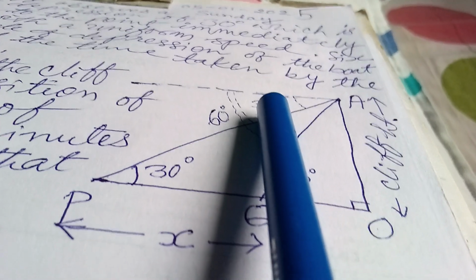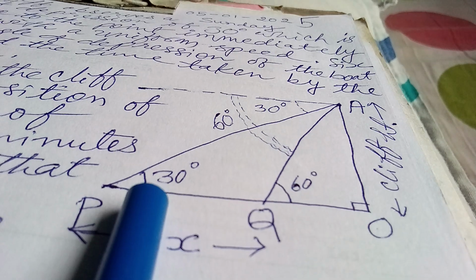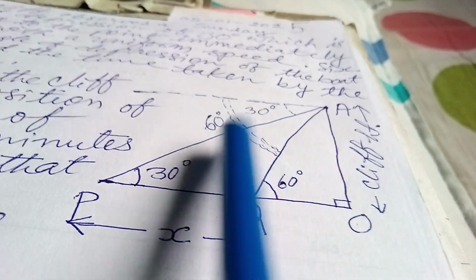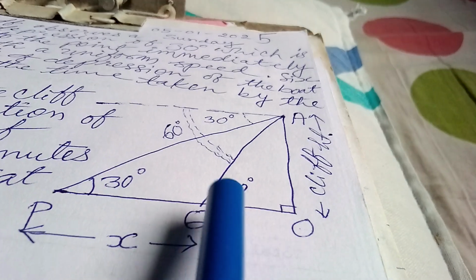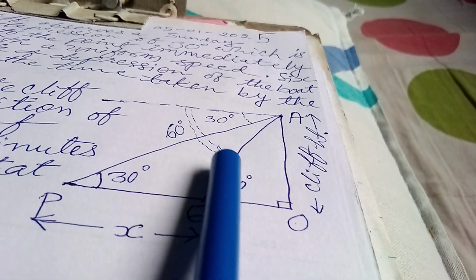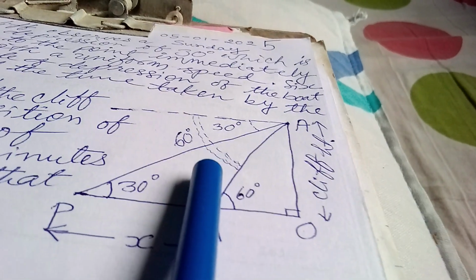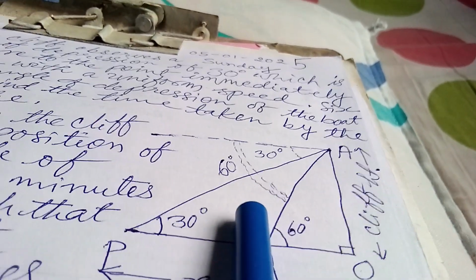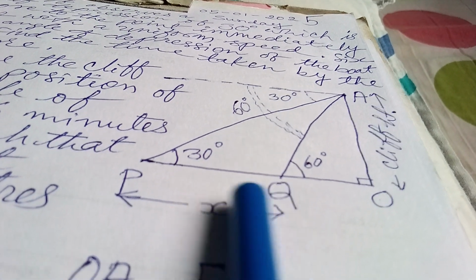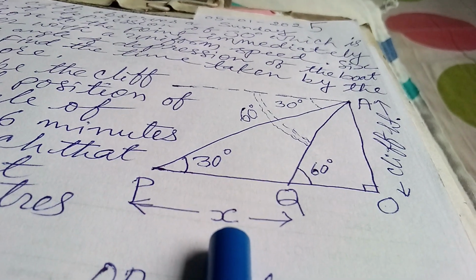So this 30 degree is equal to this 30 degree angle of elevation, and this is the angle of depression. Both are equal. Here this is the angle of elevation 60 degrees, and this is equal to the angle of depression 60 degrees. Both are equal. And PQ is the distance, that is x.